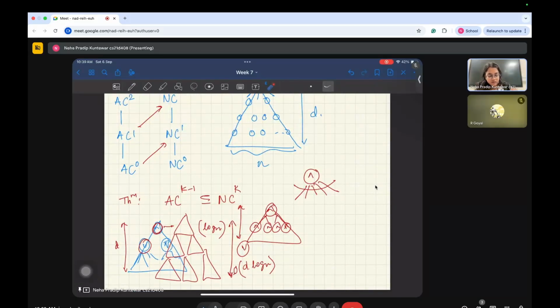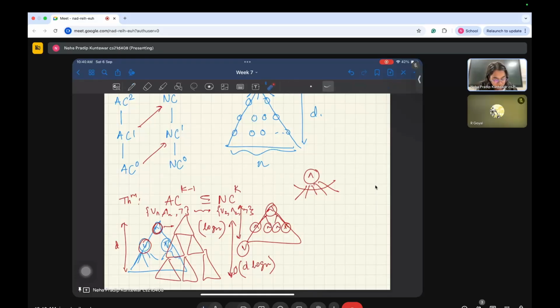So think of the AND, OR unbounded fan-in circuit. We are simulating that with AND, OR, and negation, the same idea that we did.